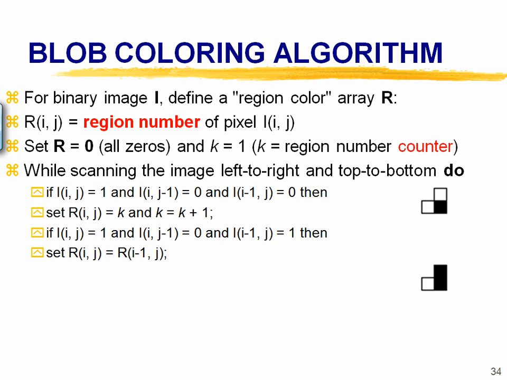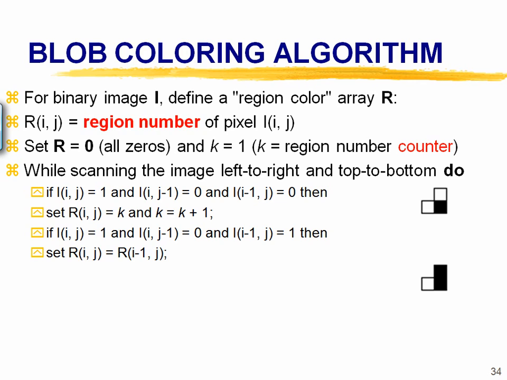The reason we restrict ourselves to only those 2 pixels is that in a raster scan, those are the only 2 pixels you would have visited before getting to this pixel. Everything else is still to come. Agreed? So this is the first condition we check for.